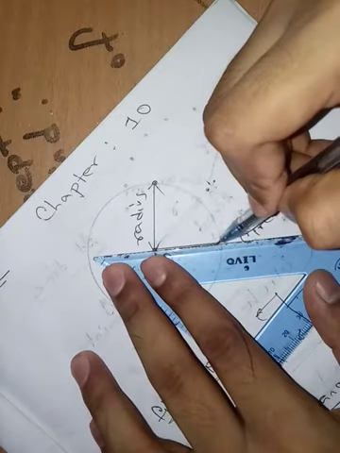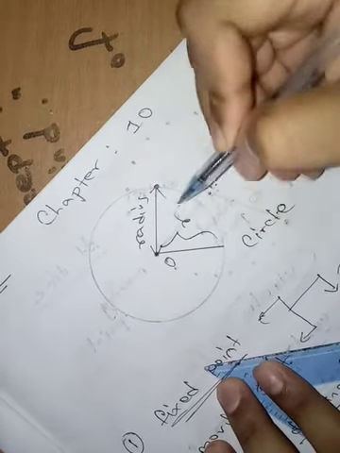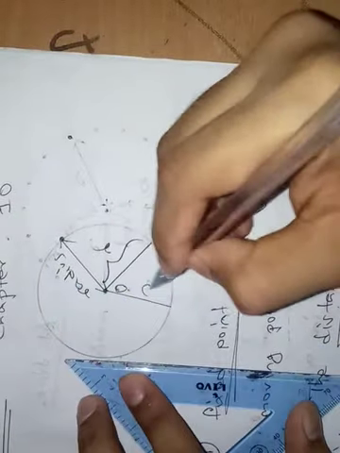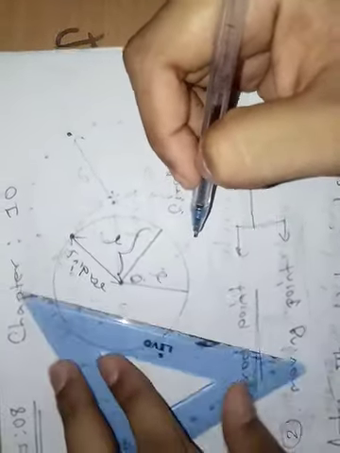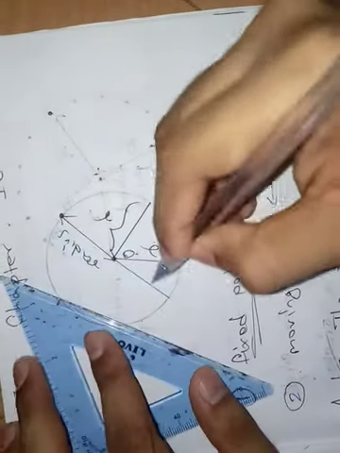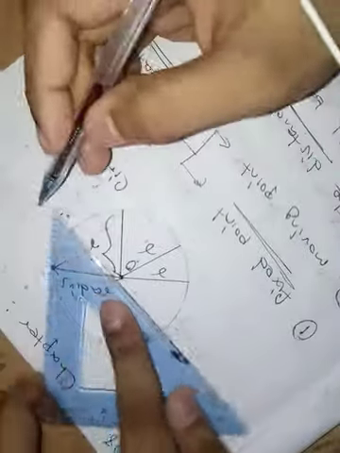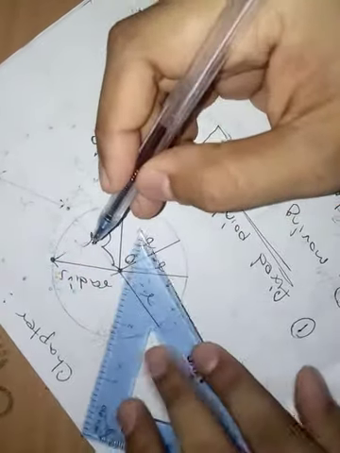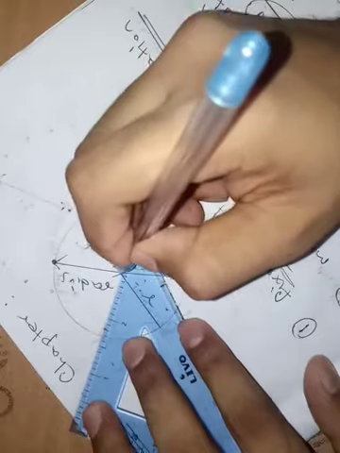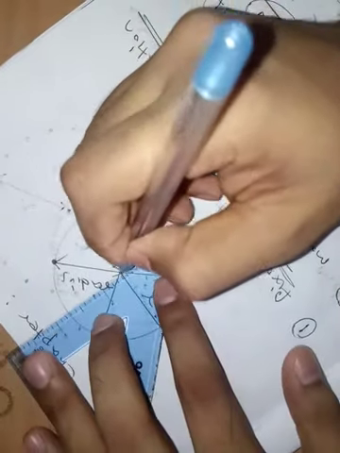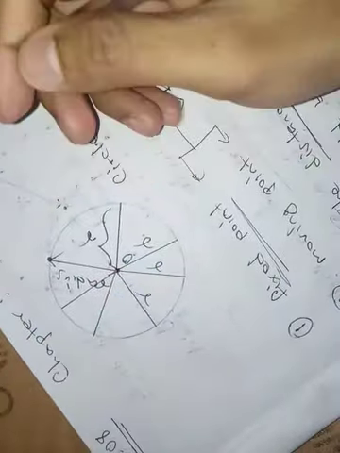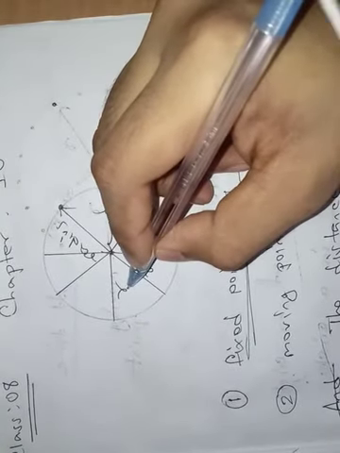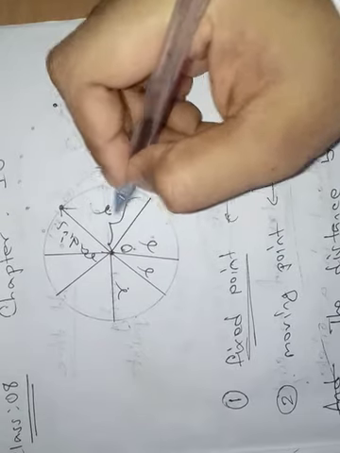Similarly, this is also radius of the circle. This is also a radius of the circle. This one also, and every distance is constant, every distance is same.